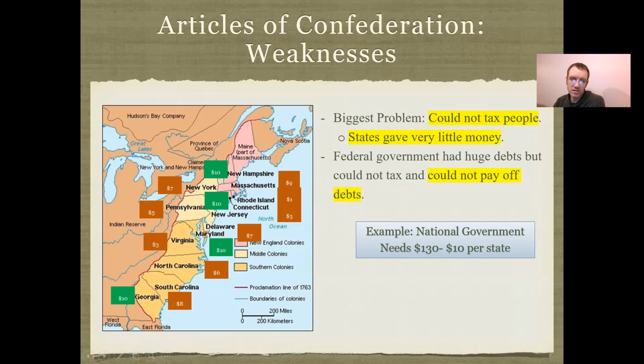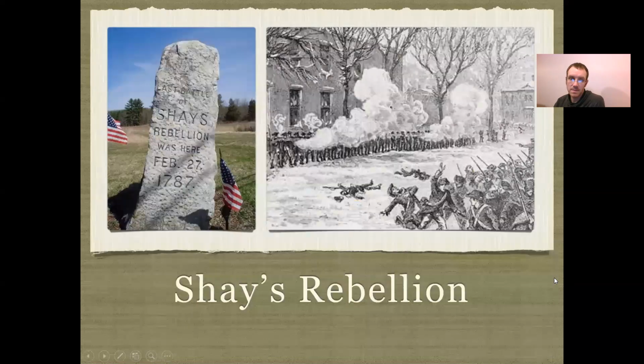You see Massachusetts gives 9. Virginia is kind of cheap. They only give 3. Rhode Island, they're just not making friends. They gave $1. And so in the end, you need $130 to run your government, but you have 89. So what do you cut, right? And so this becomes a massive issue that they just don't have the money to operate that they need.